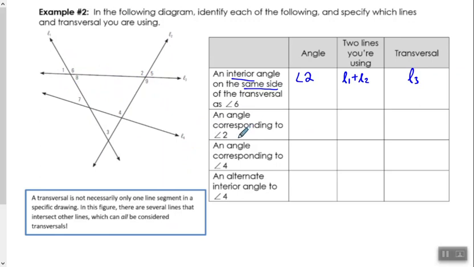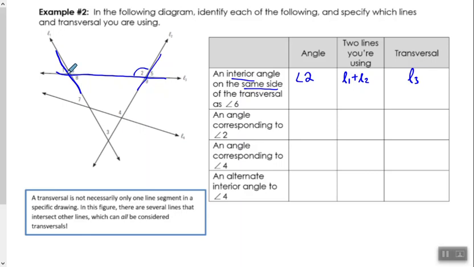So an angle corresponding to angle 2 now. So here we have angle 2. Now I'm looking for a corresponding angle. So let's take a look at the line we were just looking at. So our 2 lines and a transversal here. And let's see. So here's angle 2. Here's my transversal. And corresponding means, all right, angle 2 is in top left.